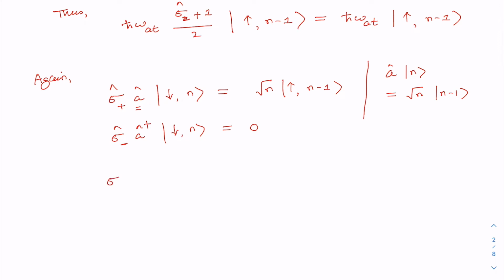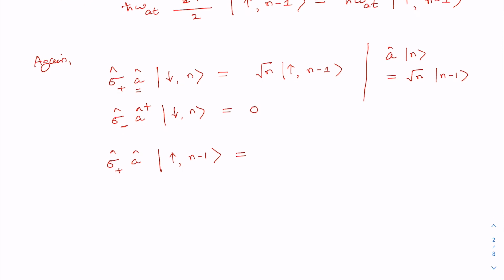On the other hand, if you look at the other basis, σ+ a, when it acts on the atom in the excited state with n minus 1 photons in the field mode, then σ+ cannot raise it, because you have only two atomic energy levels and it is already in the excited state. Therefore here you will get 0.